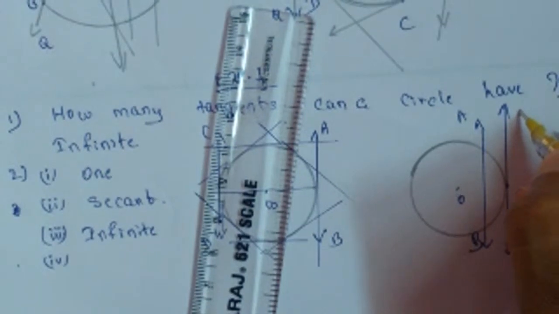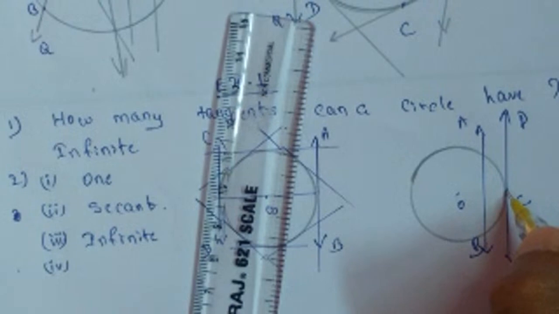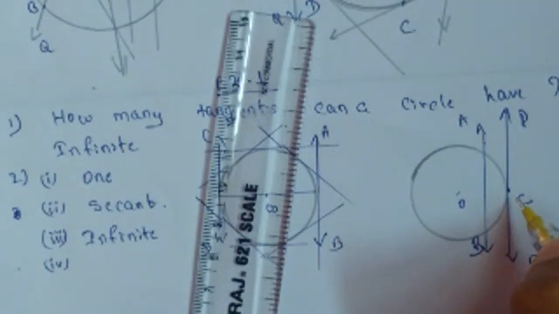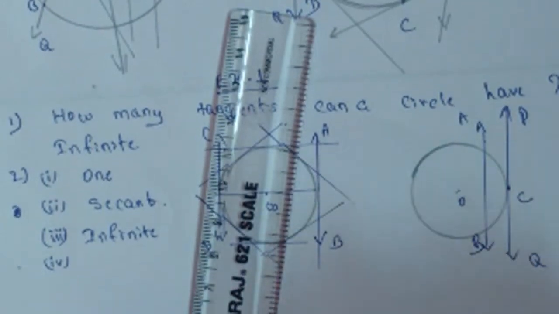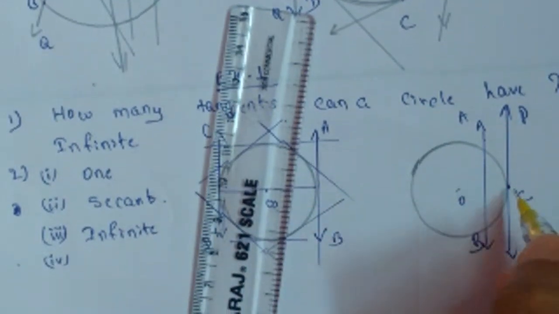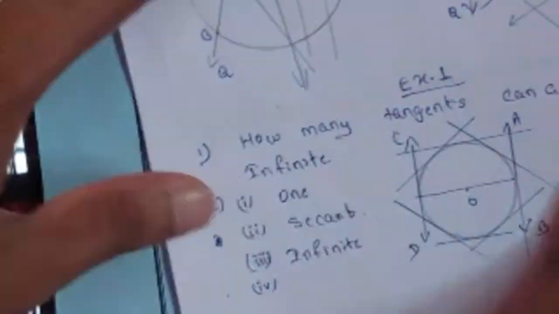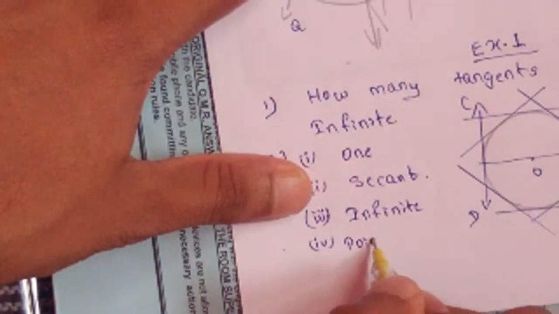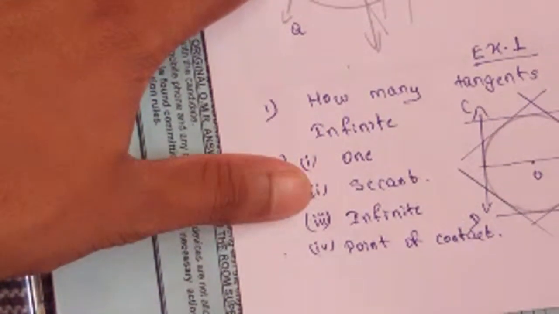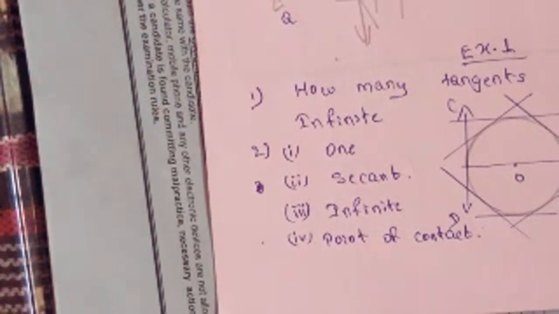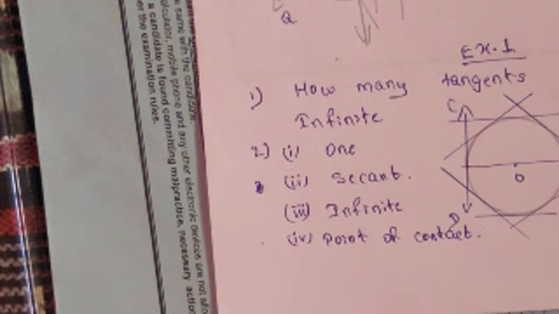If I call this point as P and this point as Q, then this is the common point between circle and the tangent, which is point C present on the circle. So this point we are calling as dash, that is point of contact. Okay, that is called as point of contact. Okay, this is about second mean.